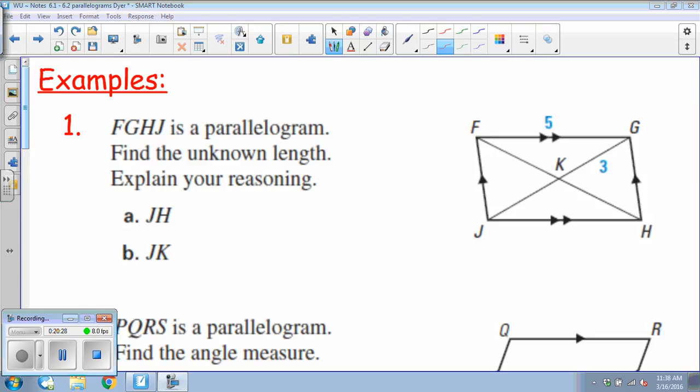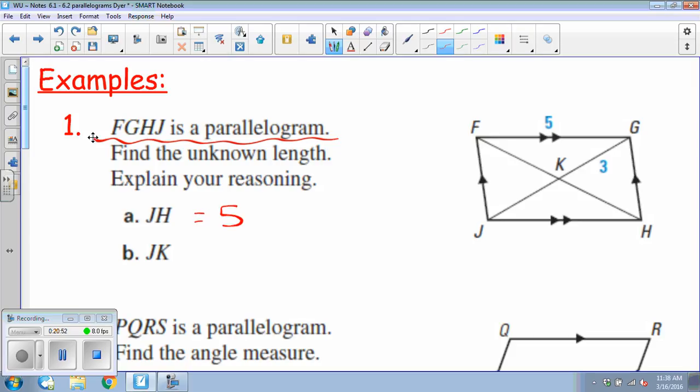Always start by reading the information they give you. They tell you FGHJ is a parallelogram, so we know it's a parallelogram. And it says find the unknown length. So we need to find JH. JH is 5 because opposite sides are congruent. JK.